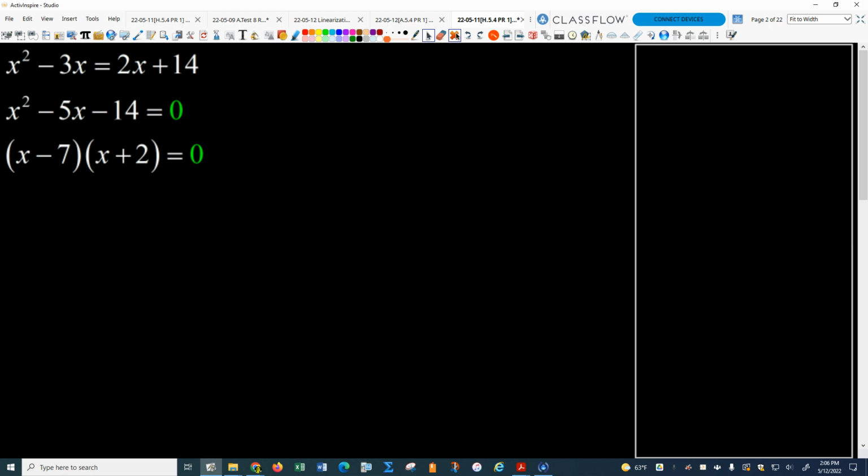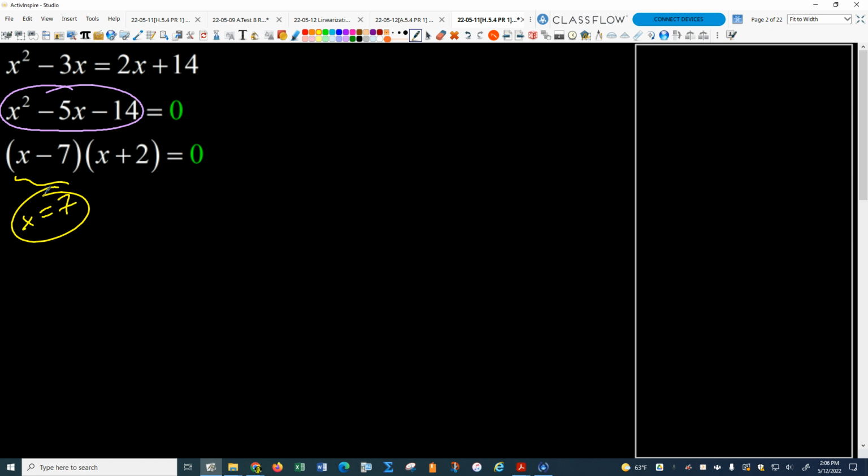The product of the first factor and the second factor can only equal 0 when one of those is equal to 0. I only multiply to 0 by multiplying by 0, right? So one of my solutions, one zero of the function that's set equal to 0, is going to be the zero of the first factor. What is that? 7, right?